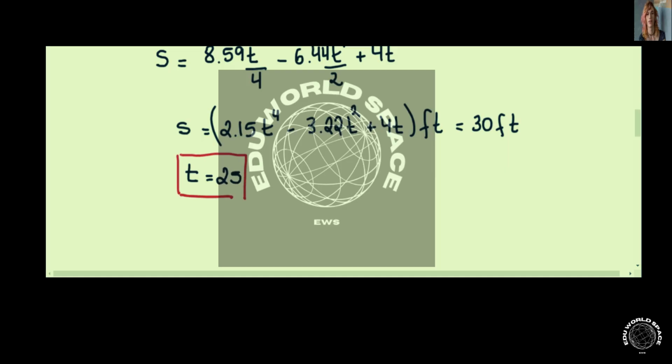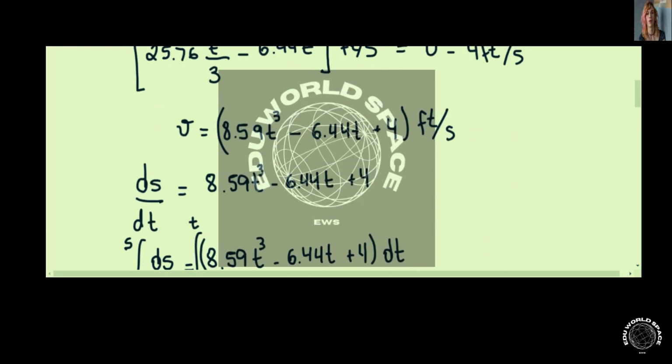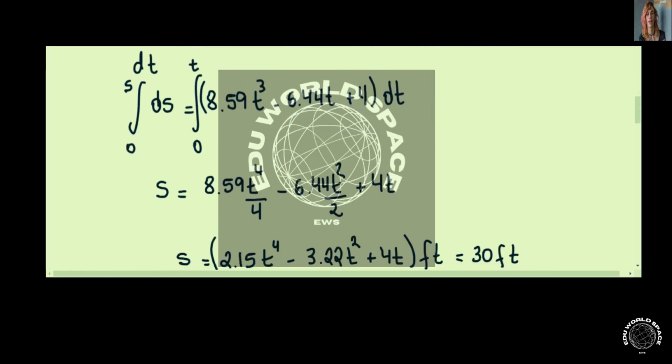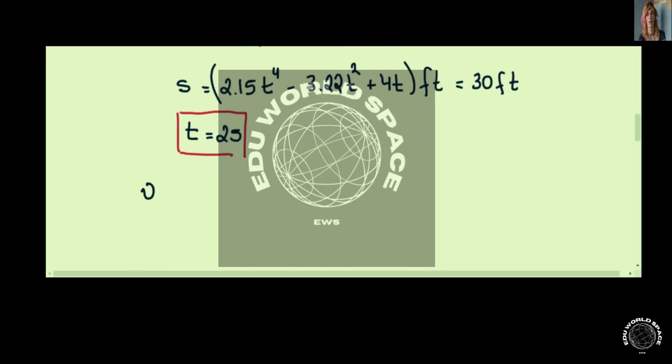Now we can go back to the equation for the speed, this one here, and insert the time of 2 seconds here. We have that v is equal to 8.59 times 2 cubed minus 6.44 times 2 plus 4 feet per second.